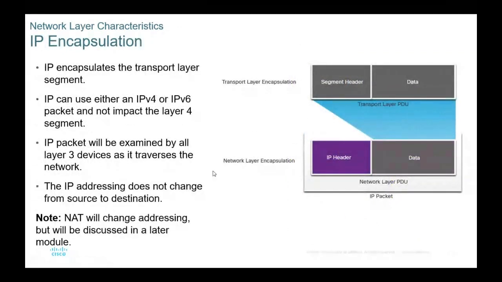IP encapsulation. IP encapsulates the transport layer segment. No prizes for guessing what the protocol data unit is called at layer 4. What do you think it is called? Segment, exactly. What do you think we use as addressing at layer 4?